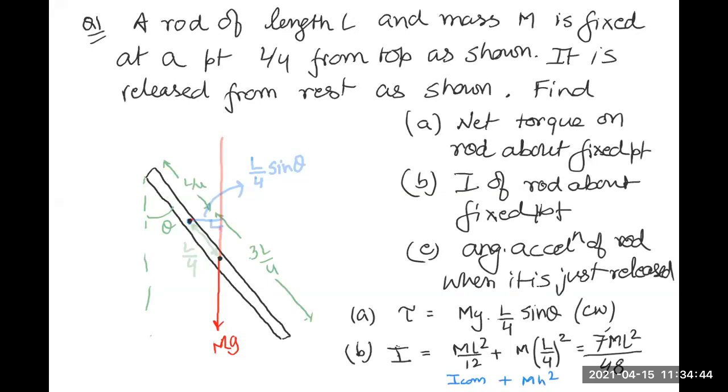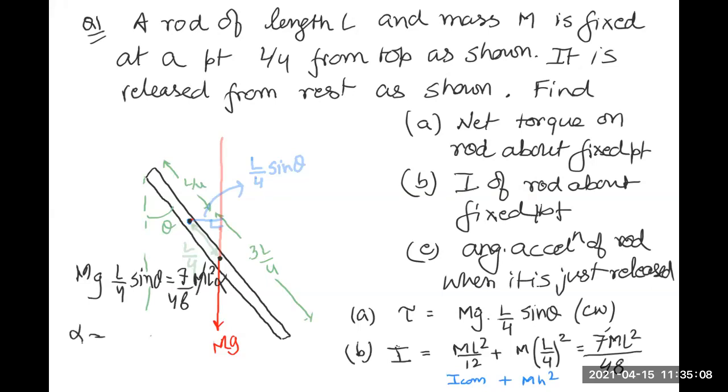Right? So now everything is over. Now it is just f is equal to ma basically. So we will write mg L by 4 sin theta is equal to 7 by 48 ml square alpha.